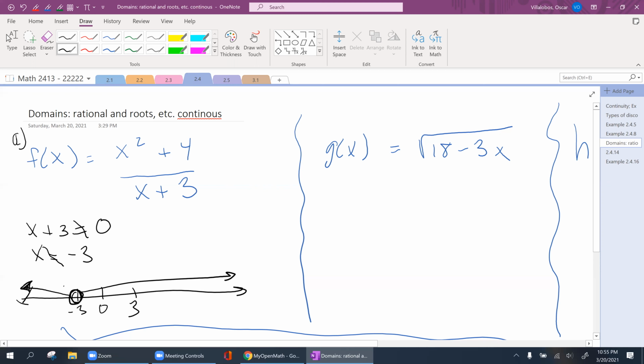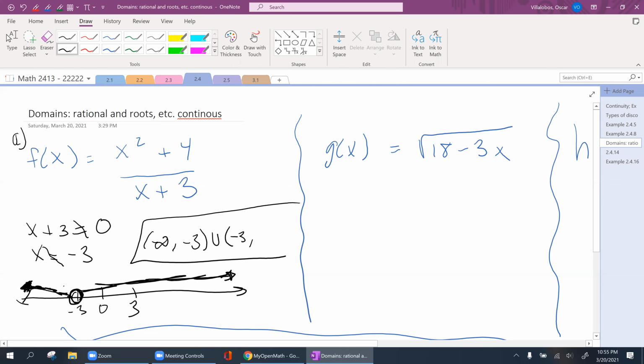So this domain in interval notation is from -infinity to -3, union, you read these from left to right, you get closer here, you do a little jump, that's my union, and then from -3 all the way to positive infinity.